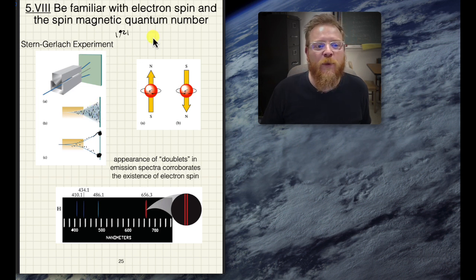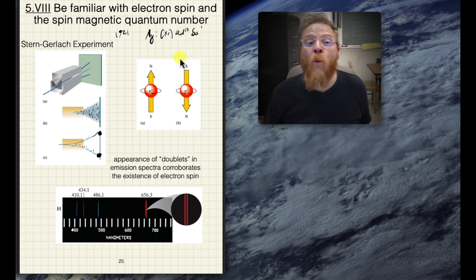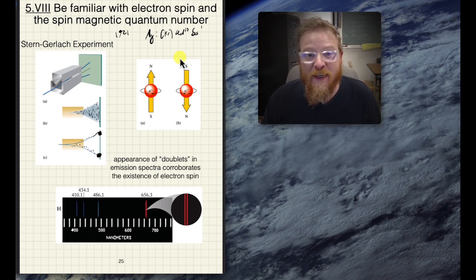Particularly with silver, if you recall, its electron configuration goes as krypton 4d10 5s1. So it does have one unpaired electron, meaning it will be susceptible to a magnetic field.